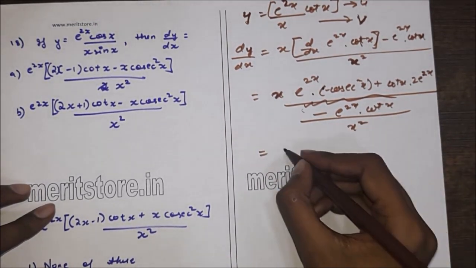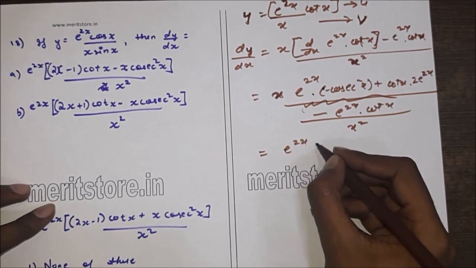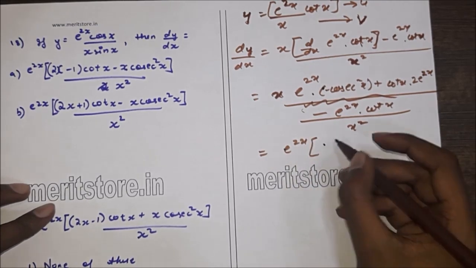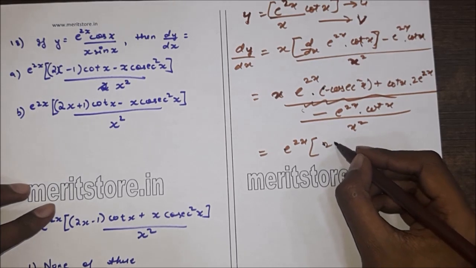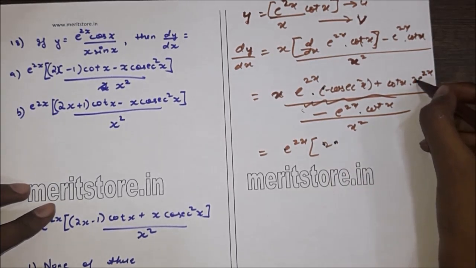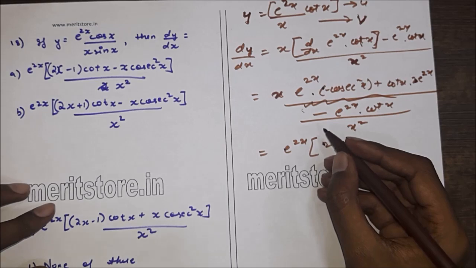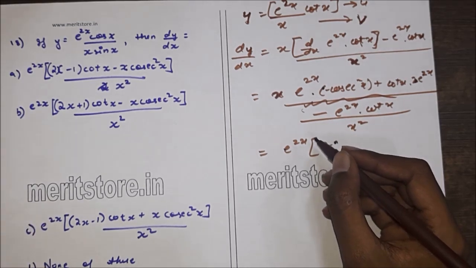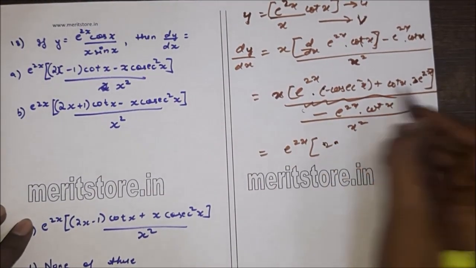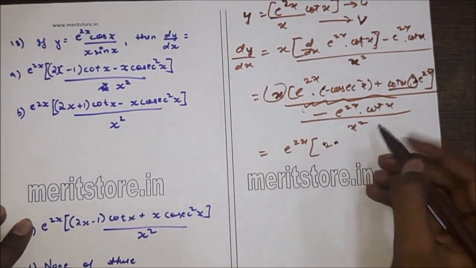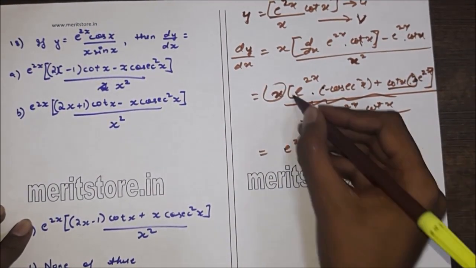We take e raised to 2x common, so we get, this is common for this term, so we have 2 times x, that is 2x minus x.